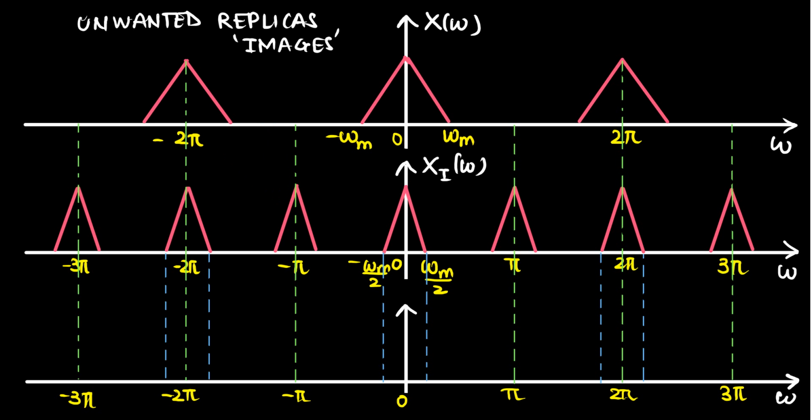So now in order to remove these unwanted replicas, we can again make use of the low pass filters. So these low pass filters can be considered something like this, which would be having their replicas at every integer multiple of 2 pi.